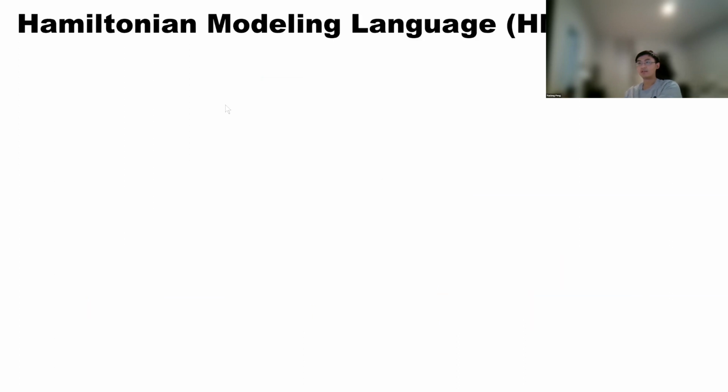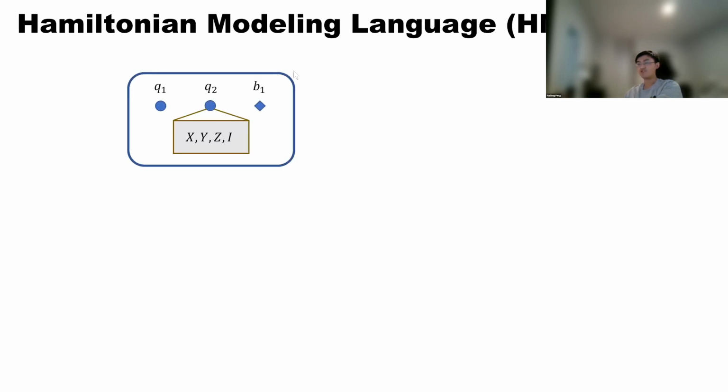The first thing to start with is the Hamiltonian modeling language, HML. In our imagination, we imagine the quantum system as a booth. It includes several sites. For example, we have some qubit sites, Q1, Q2, and maybe a bosonic particle site, which is labeled with a diamond here.